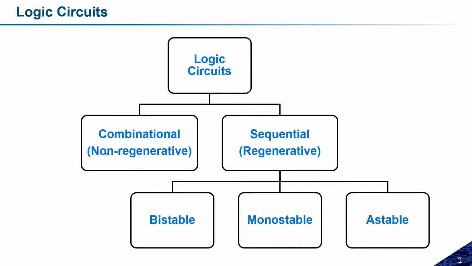If I talk about bistable sequential logic circuits, bistable means, simply by its name, we can identify there are two stable states. If there are two operation modes or two stable states, and each of these stable states can be attained with a particular input combination, then we call them bistable sequential logic circuits.